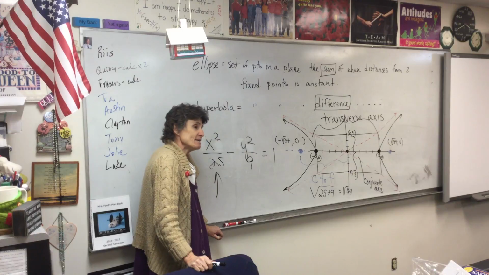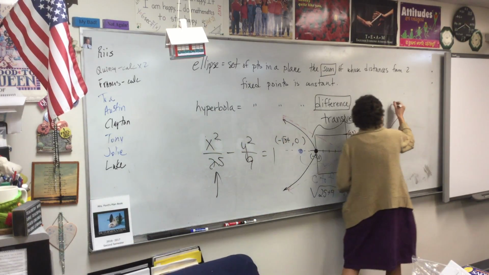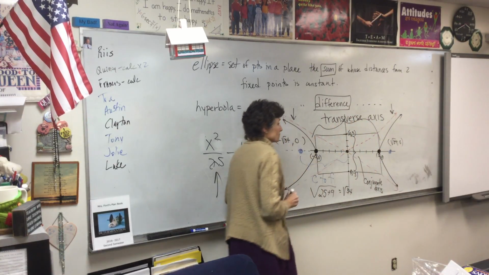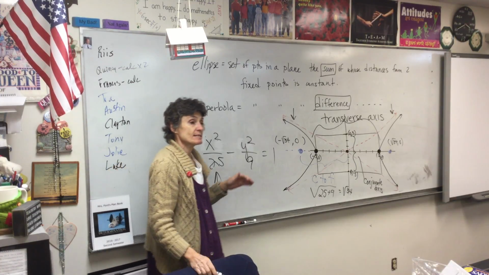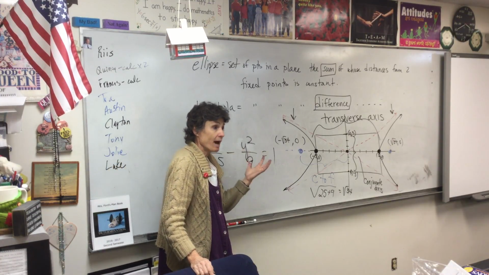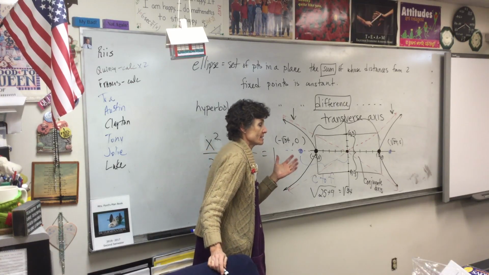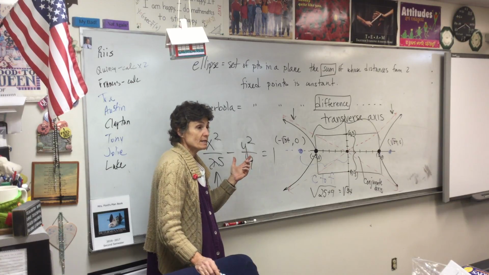So now we need to find the equations of the asymptotes. Now that's easy. Because the asymptotes are lines, and you've known how to do lines since about the 7th grade. Y equals mx plus b. What do we need to know?